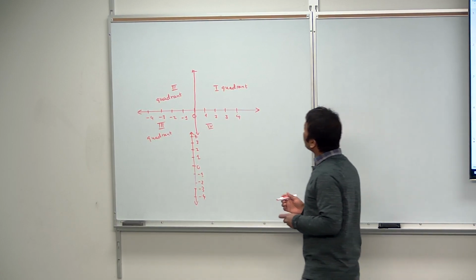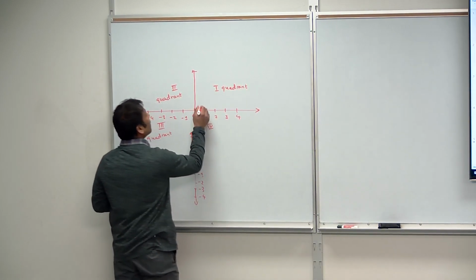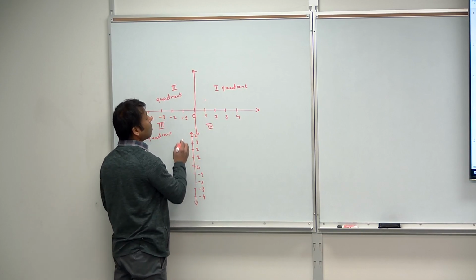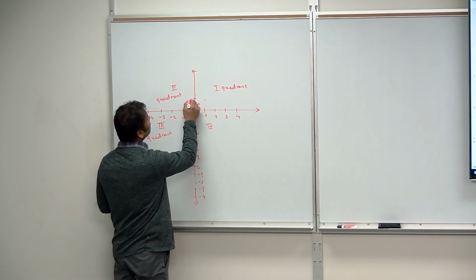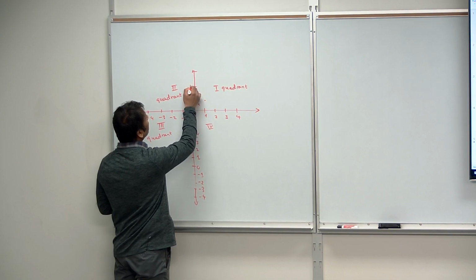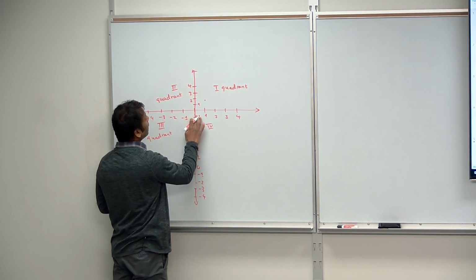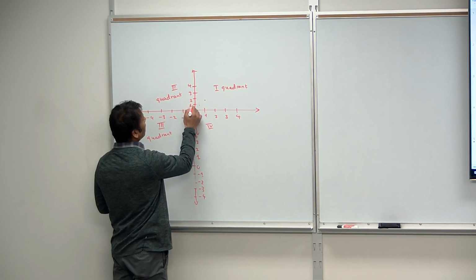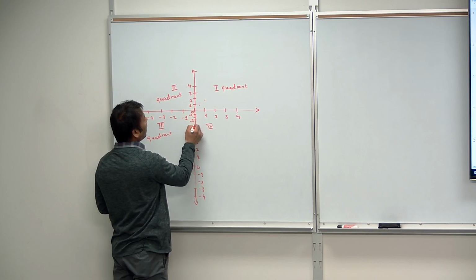Any point on the plane is represented by an ordered pair. You see this is 1, 2, 3, 4. And if you go down, this will be -1. Are you guys with me? Right? -1, -2, -3, and so on.